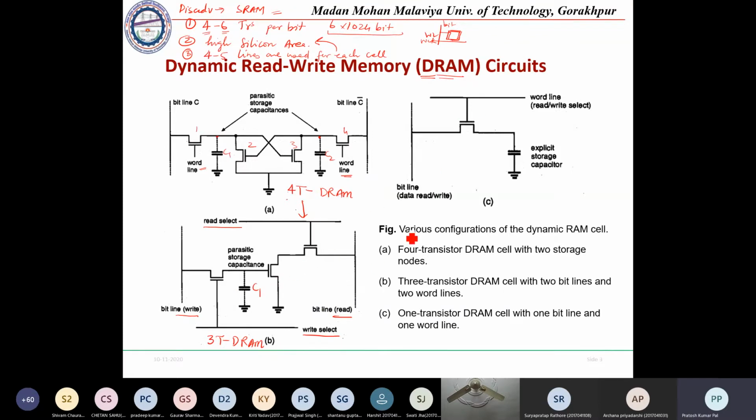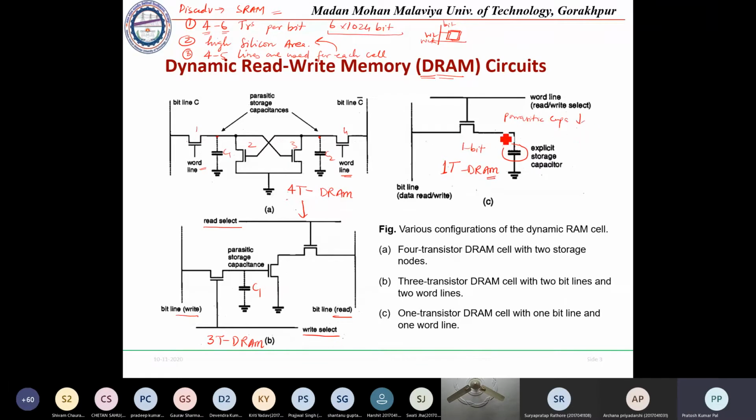Similarly, another modified version is 1T, that is 1 transistor DRAM. A single transistor can be used to design a dynamic RAM that can store a single bit of data. Because there is a single transistor, the parasitic capacitance will be very less.